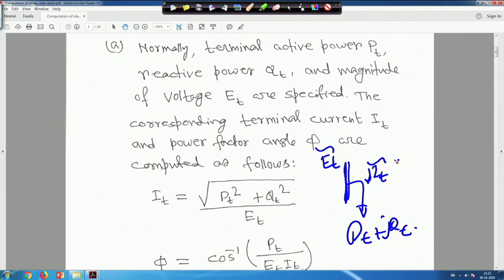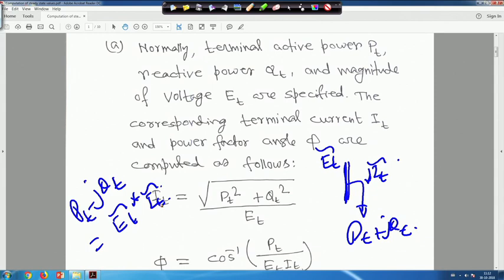When you write your load flow studies, as you have studied, the power injection equation, Pt minus jQt, we can write as Et tilde conjugate IT, right? These Et and IT are phasor quantities.